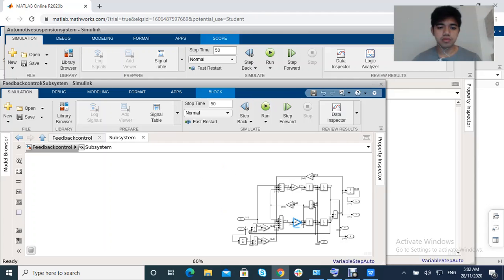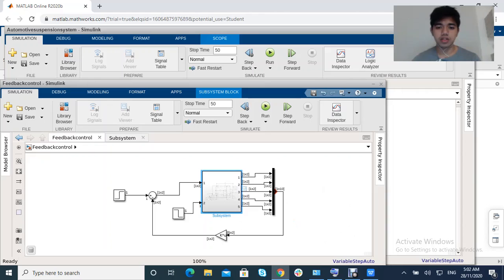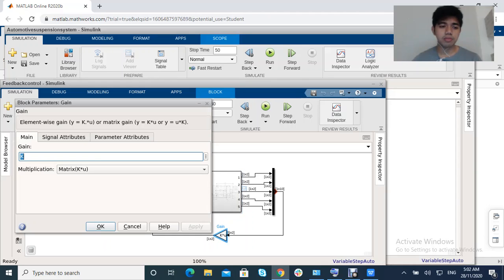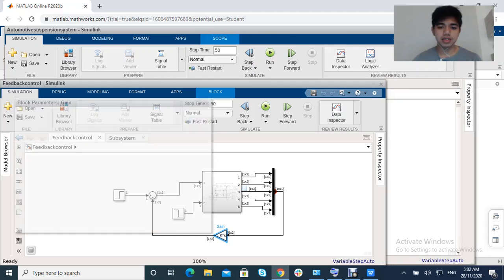Going back to the feedback control system, you can see the MUX and the step signal, which is almost the same as the figure given. This is the sum block, and this is the gain, which has to be matrix and not element-wise.